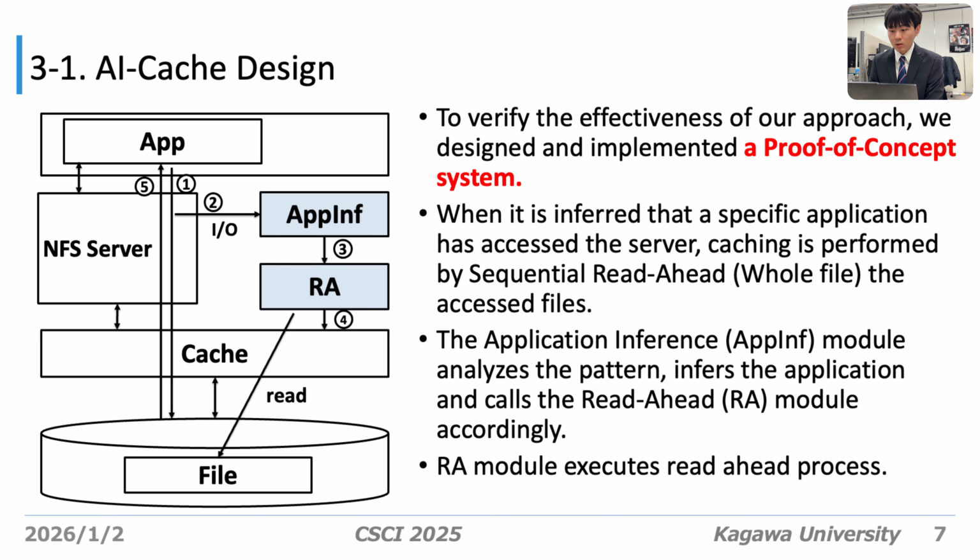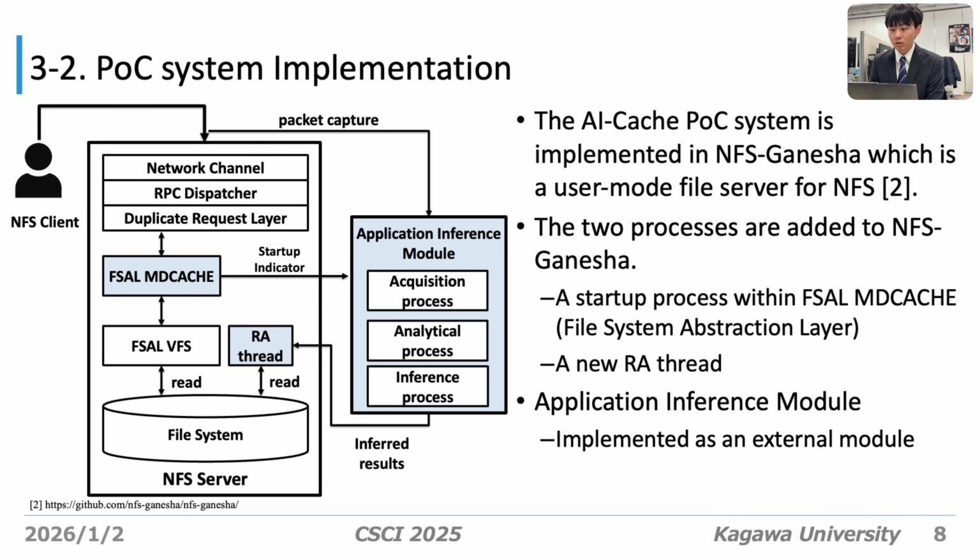I present the POC system implementation. Its overview is shown on the left side. This system is implemented in NFS Ganesha, which is the user mode file server for NFS. We added two processes to it, a startup process and a new RSet. The startup process is added to FSAL MD cache. FSAL stands for File System Abstraction Layer.